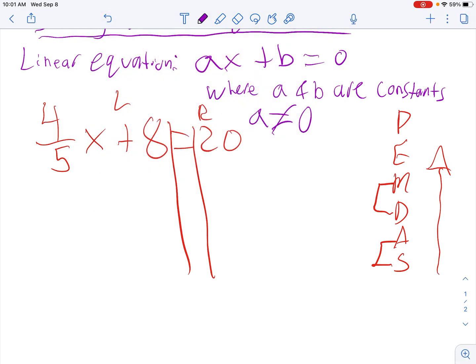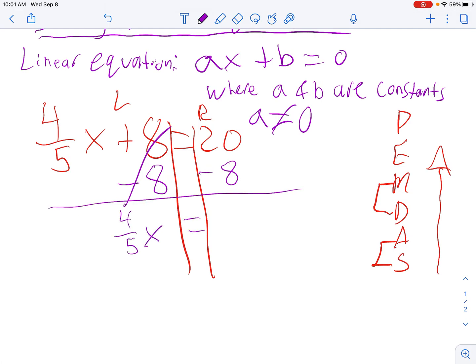So I see that, hey, I have an adding 8, a plus 8 here. So my first thing I'm going to do is subtract 8. So this cancels out. However, in an equation, anything I do on the left, I also have to do on the right. So what I'm left with is 4/5 x equals 20 minus 8 is 12. And now this fraction, okay, this is 4/5.